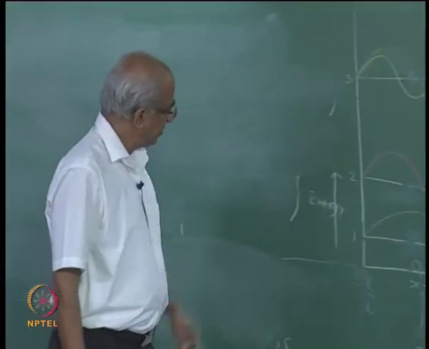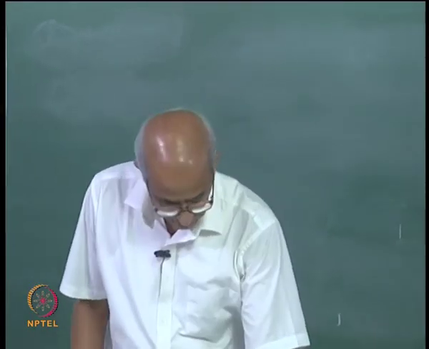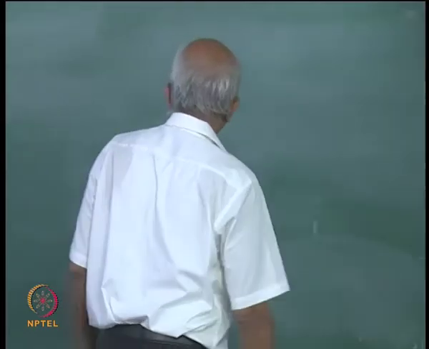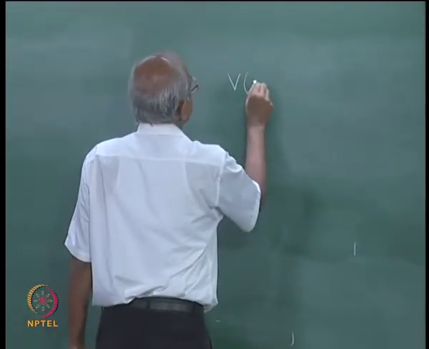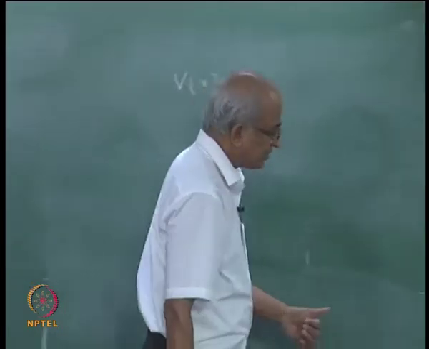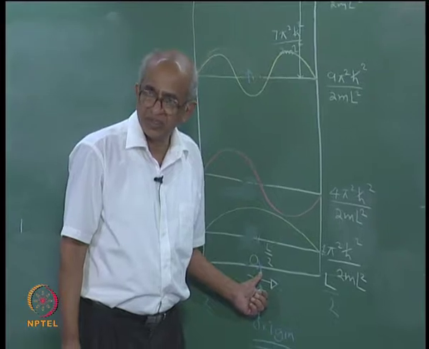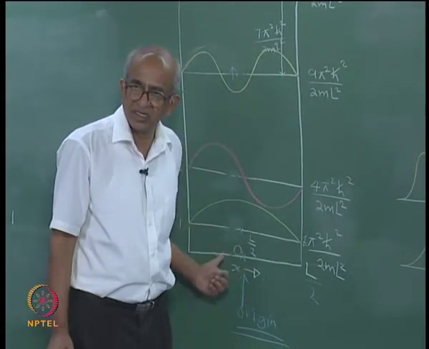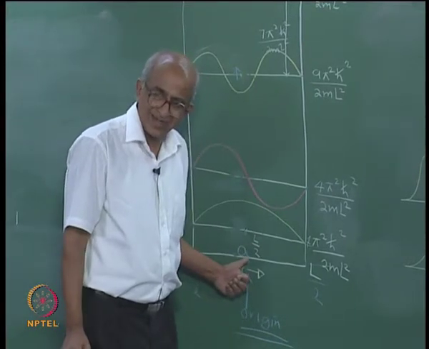If we put the origin right in the middle, then what I can see is the following: the potential energy of the system, which is V of x, is symmetric about the origin. That is obvious. That is the advantage of putting the origin right in the middle.